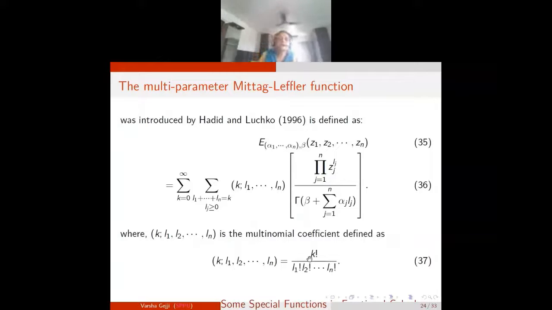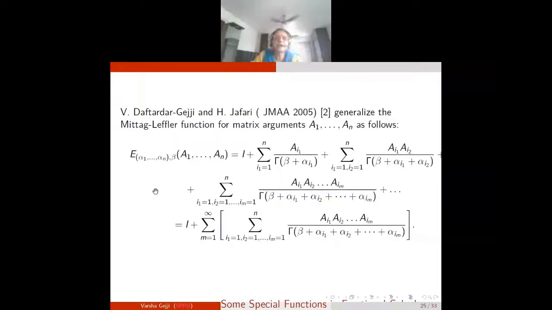So k comma L1 L2 Ln is nothing but k factorial upon L1 factorial L2 factorial and so on. And with this multinomial generalization, with my student Hussein Jafri, we introduced a Mittag-Leffler function for matrix arguments, a generalization.